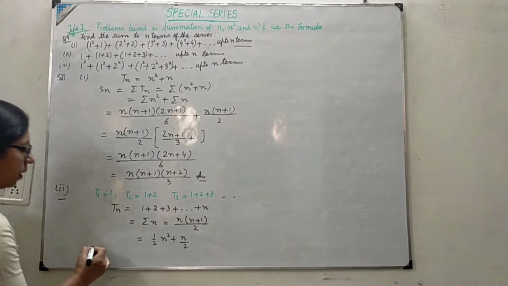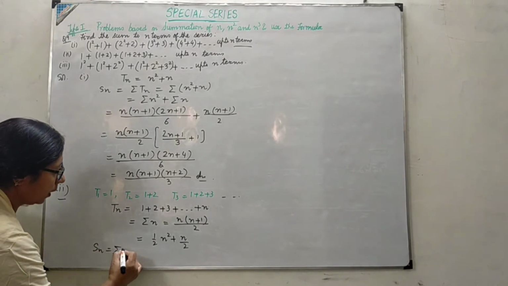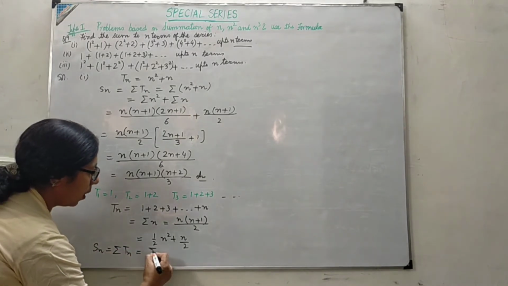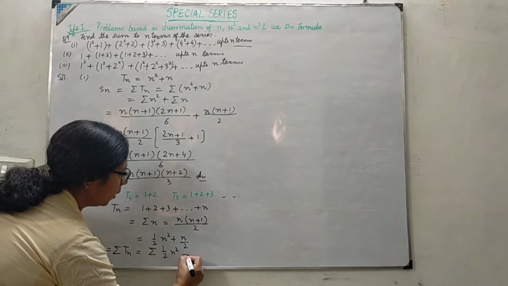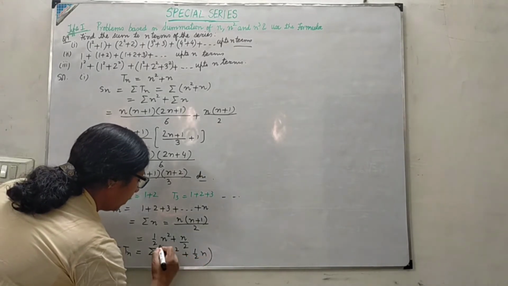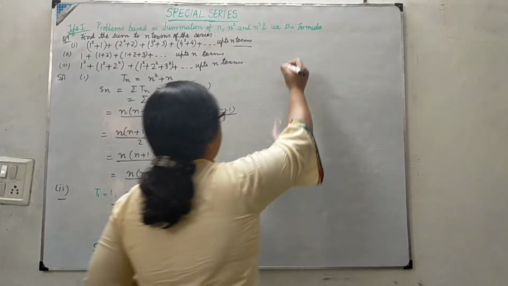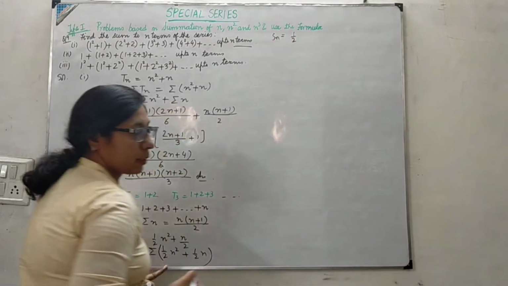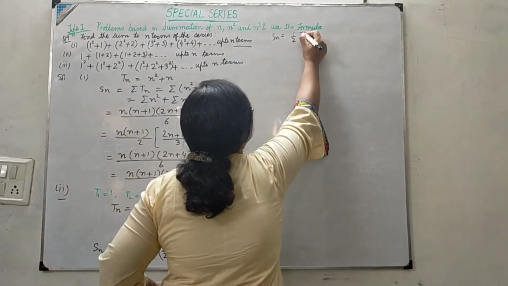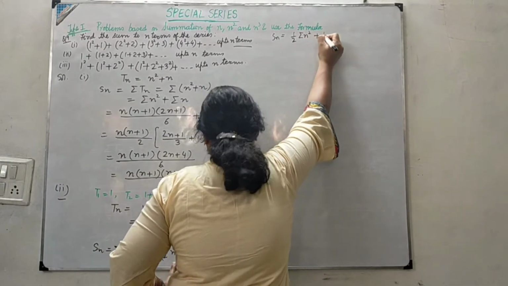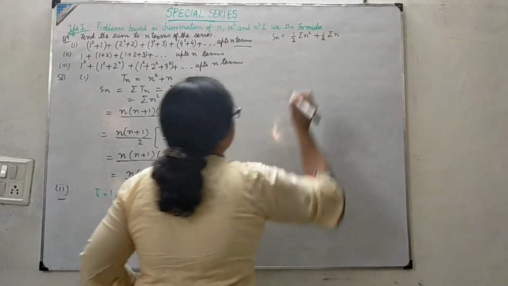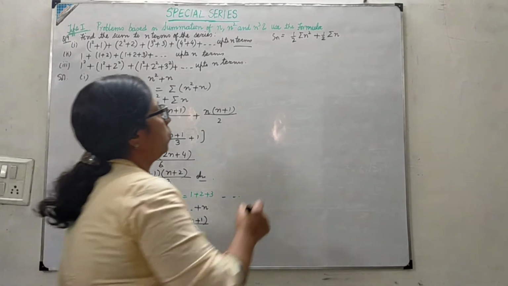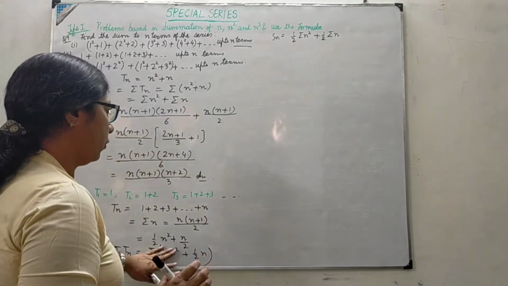So what we have, Sn is your sigma Tn and that is sigma over half n square plus half n. Now I have Sn as half, you can take out of the sigma sign, half sigma n square plus half sigma n. Right? And after that you can also check your Tn first of all.